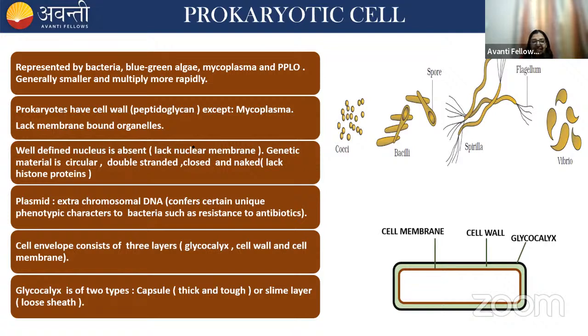The genetic material in prokaryotes is circular, double-stranded, closed, and naked. Naked, why? Because they lack histone protein. And they do not have a well-defined nucleus because they lack a nuclear membrane. Prokaryotes have plasmid, which is extra-chromosomal DNA and which imparts a unique phenotypic character to the bacteria, that is antibiotic resistance.